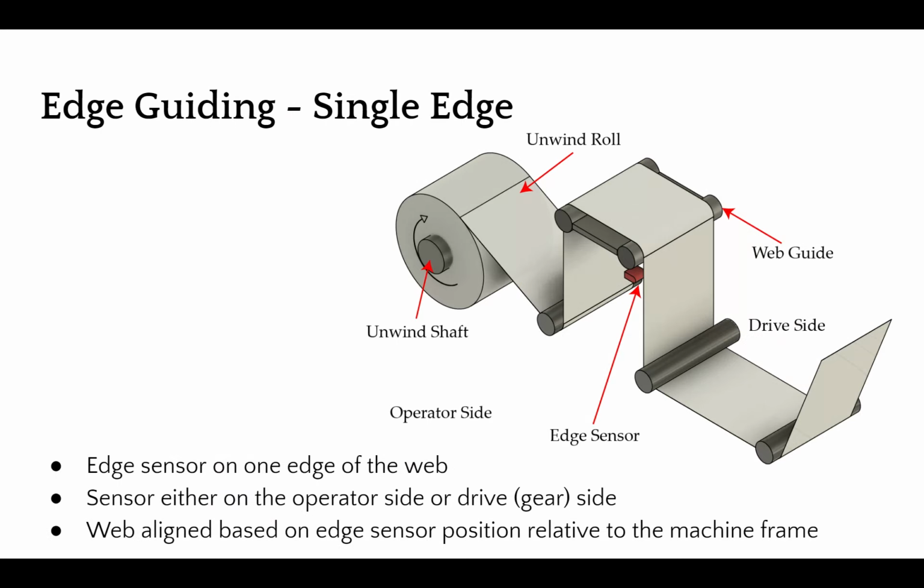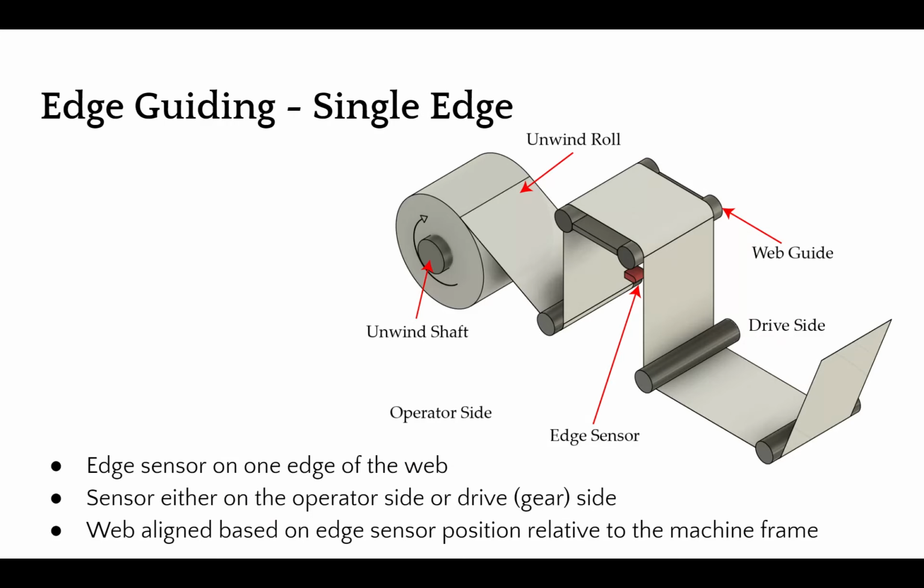And then the web is guided to the middle of the sensor position. And then the sensor is positioned in a location along the cross machine direction, so that the alignment provides the required justification of the web.